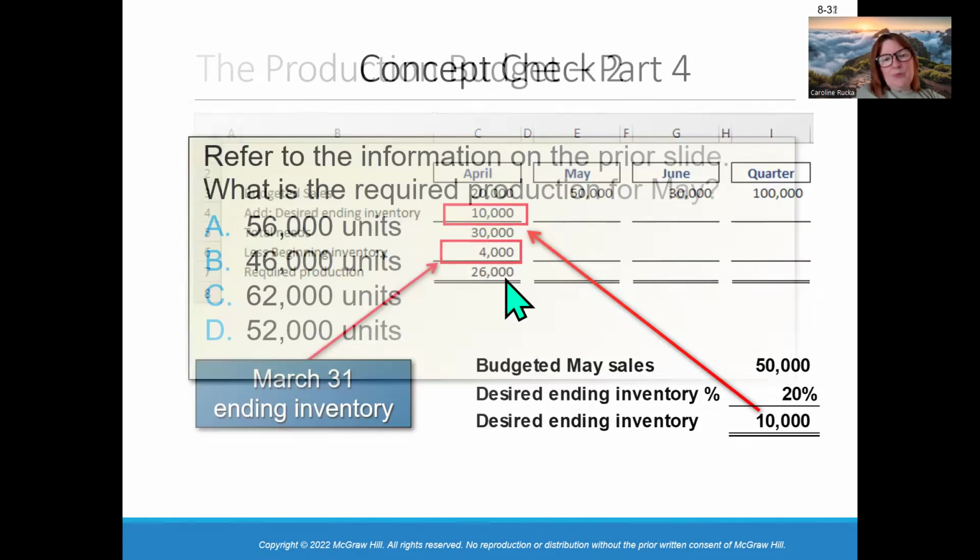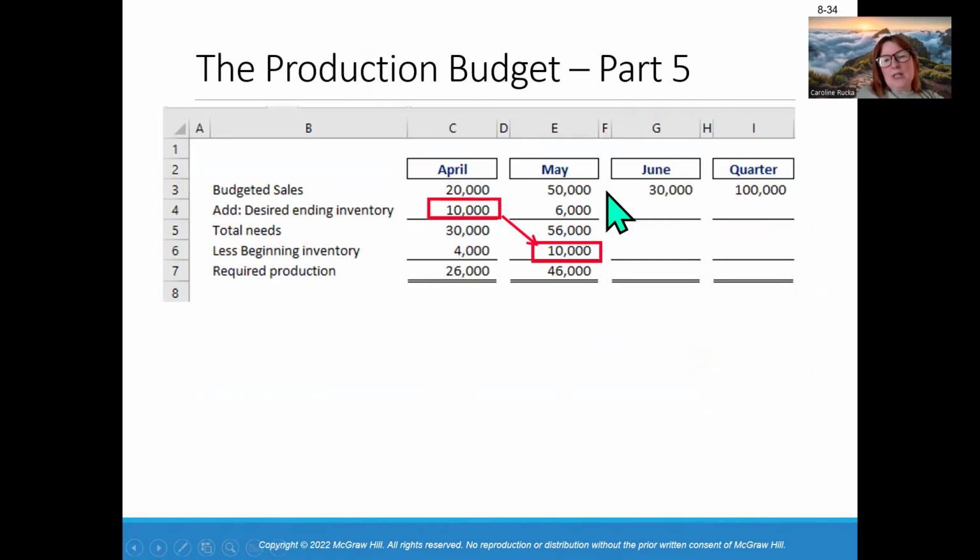So same thing for May. We budgeted sales of 50,000 units. We want our ending inventory to be 6,000 units, so we're started for June. So in May, we're going to need to have a total of 56,000 units of our product, but we already had 10,000 from the month before, because we made that little extra to start the month off right.